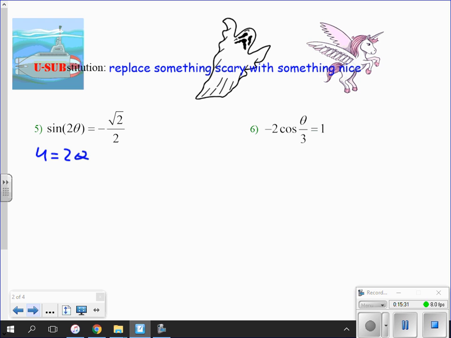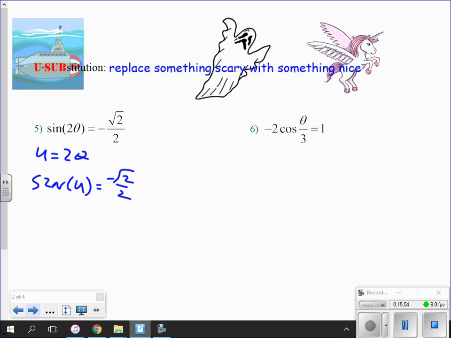So instead of solving the sine of 2 theta equals something, say, oh, I want to say the sine of U equals negative root 2 over 2. I'm going to say let U equal this, let the sine of U equal that instead of the sine of 2 theta. That's my substitution.